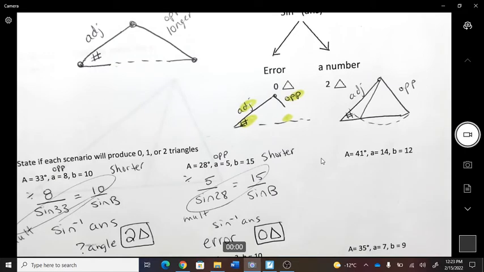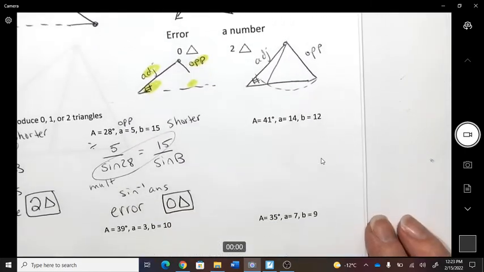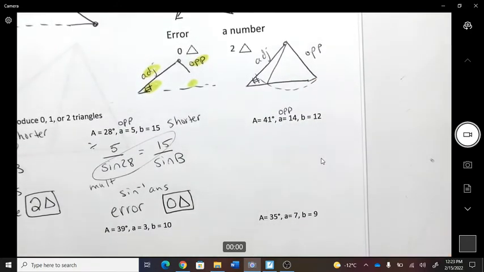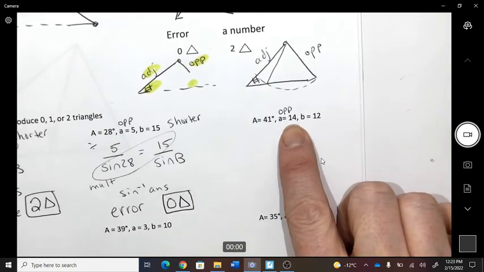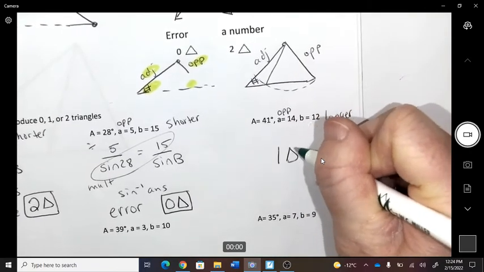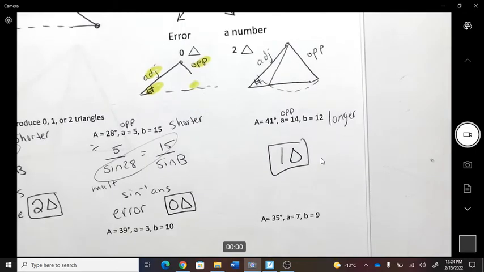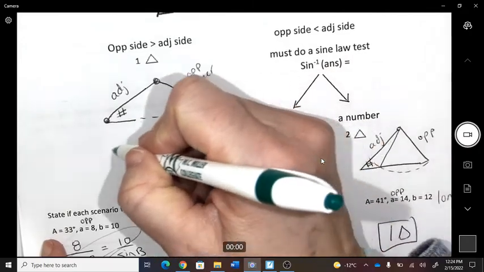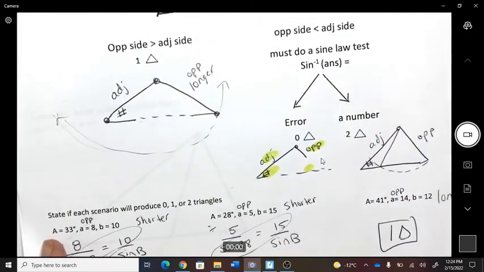Okay, third question. So A is opposite there. So which situation? Is this shorter or longer? It's longer, so guess what? That's the easier one, because then we don't have to do any work. If it's longer, there's only one possible spot that it'll touch if it moves around.